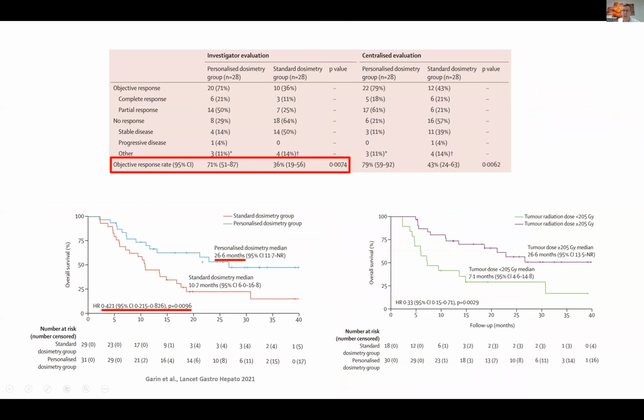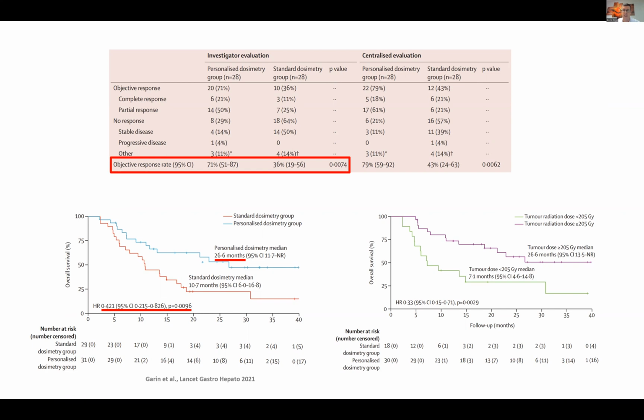We had to stop it at interim analysis because the objective response rate was 71% with personalized dosimetry versus 36% with standard dosimetry. There was a huge difference. And even in overall survival, which was a secondary endpoint, with personalized dosimetry we got nearly 27 months OS, which is currently unprecedented for any systemic treatment.